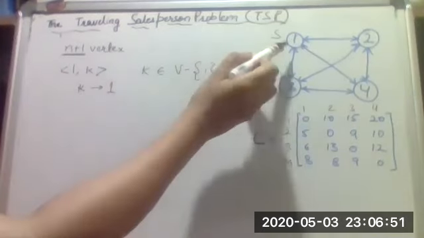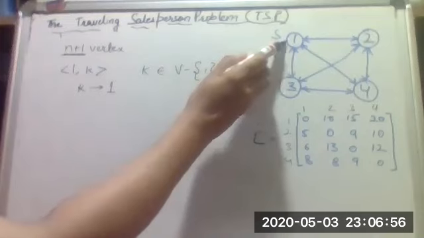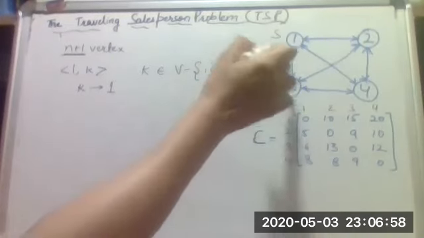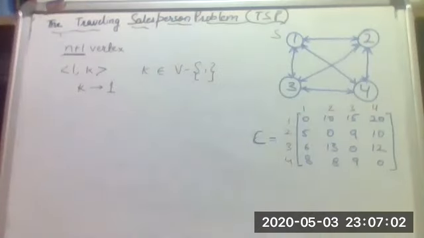Yes, so in that case, if we are saying that from 1 we are moving further, there will be a path from 1 to 2 and 2 to 1. So this goes through each vertex.